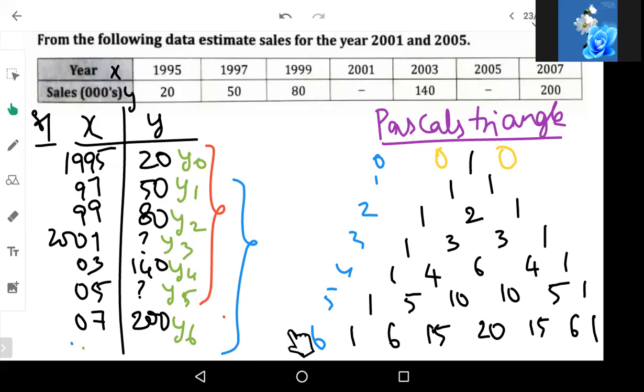Okay, and when it comes to the coefficient, since we know 5 values, we have to take the 5th value here. That is the important thing. If you know 5 values, you have to take the 5th value.